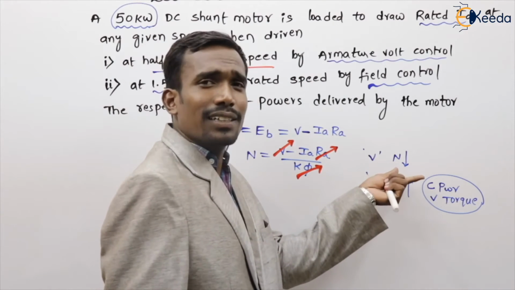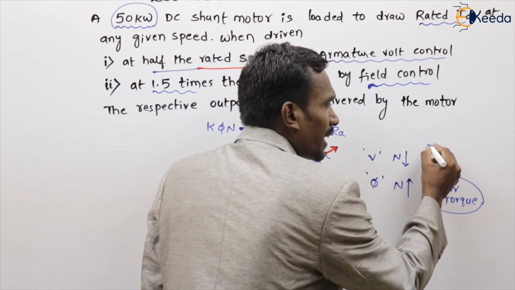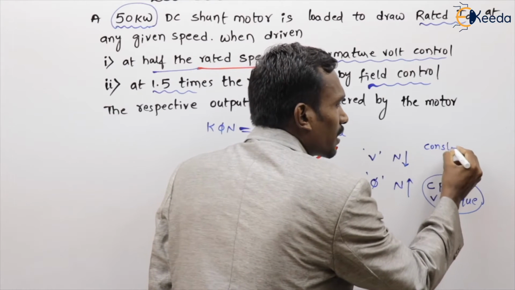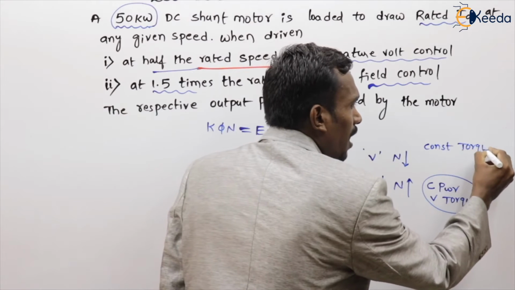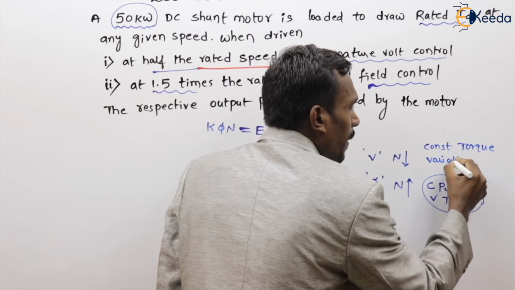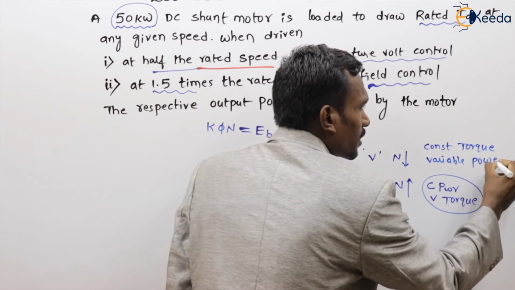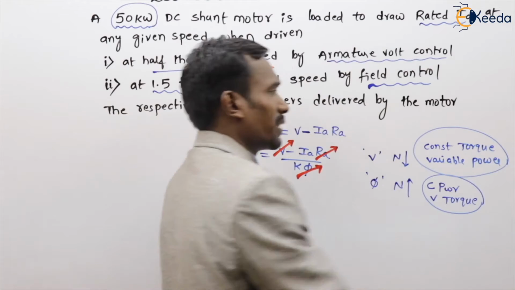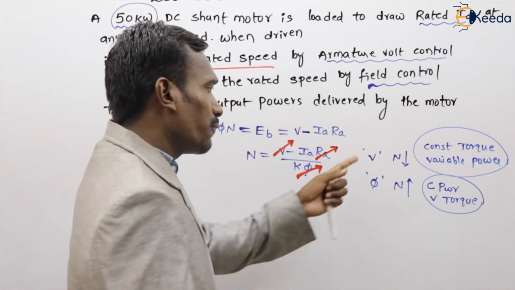But in the first case, the machine acts as a constant torque, variable power drive.